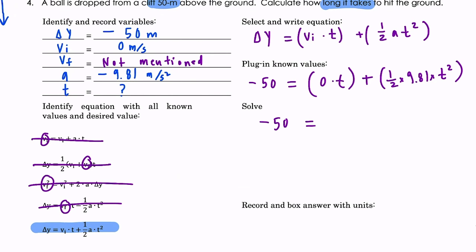-50 equals, well, 0 times t is just 0, so I'll just continue on. 1/2 times 9.81. I'm going to round to negative 4.9. And that's still being multiplied by t squared.